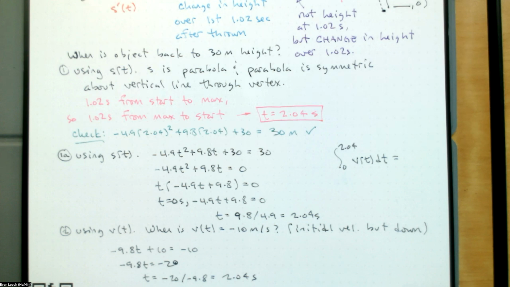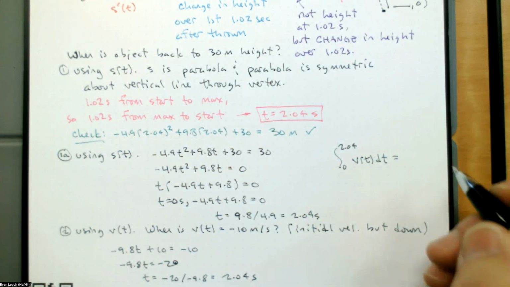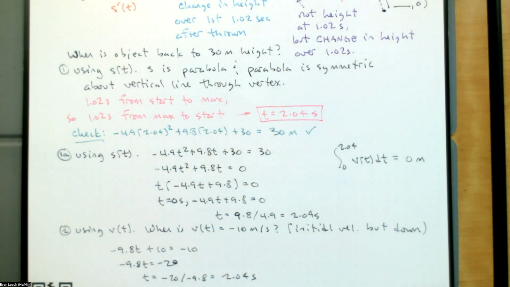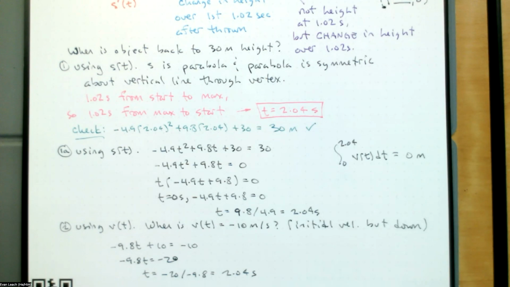We are back to the original height. That's when we found out 2.04 seconds is when the ball is back at 30 feet but headed down this time. So the total displacement is 0.